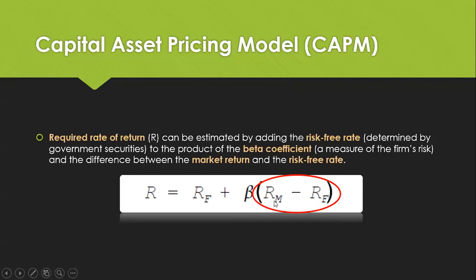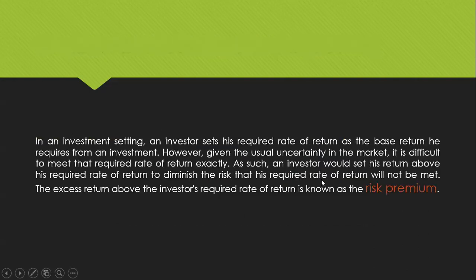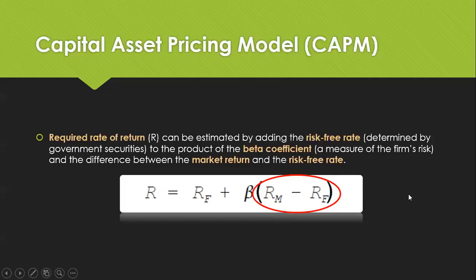So the difference between the market return and the risk-free rate is our market risk premium. Remember what I mentioned earlier, that we add to compensate for the uncertainty in the market, and we call it the risk premium. So what we add is the difference between the two. That is the excess. So the market rate of return minus the risk-free rate is equal to our risk premium.